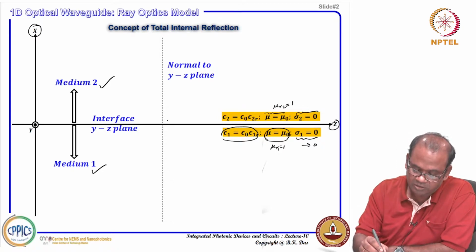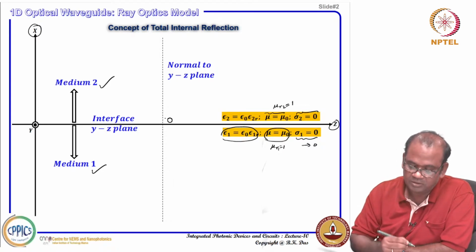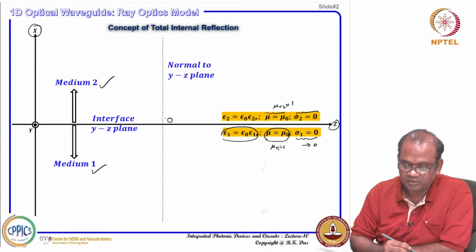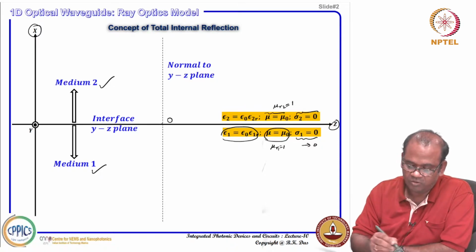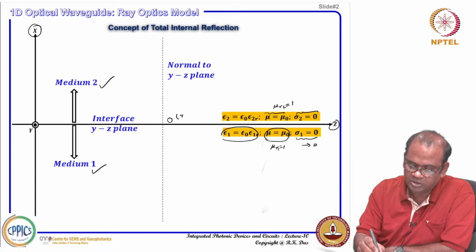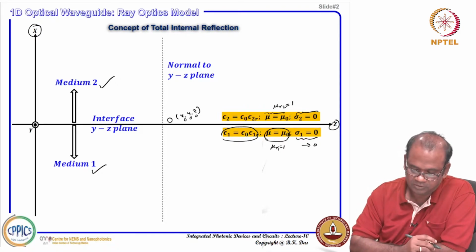Let us consider a normal to the yz plane sketched at O. You can consider coordinates x, y, z, that can be 0, 0, 0, something like that.